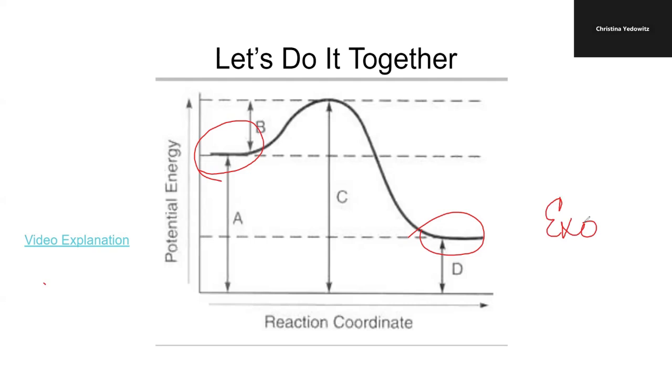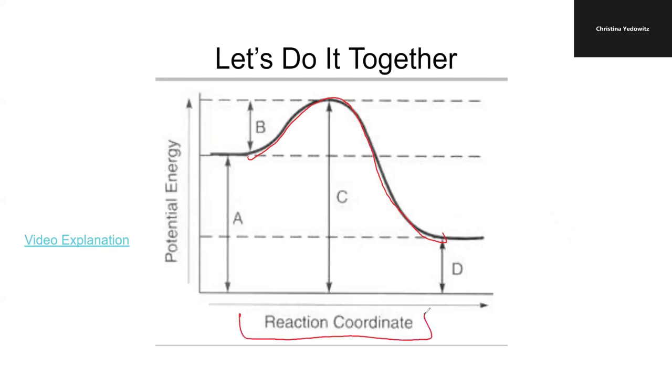Now let's go through and label all these different parts, because there's another part that we need to talk about that we haven't talked about yet. And that is what this curve represents. Remember I said that this is the reaction coordinate, which means that this is in real time. This is the reaction actually happening.